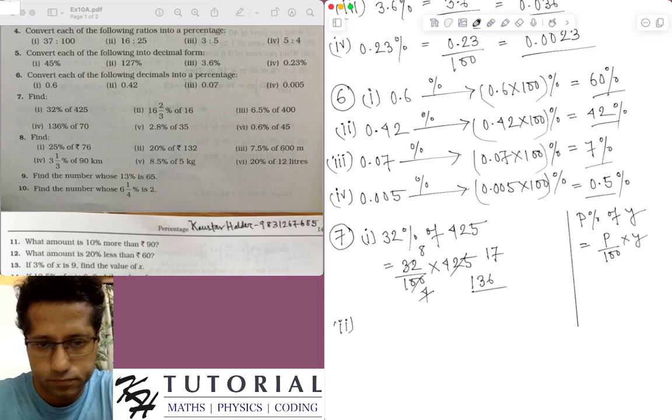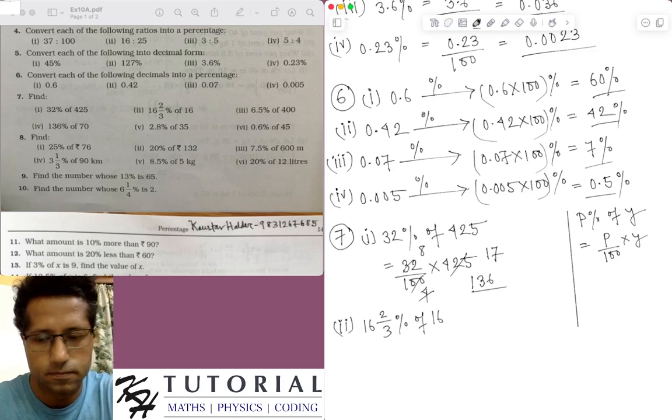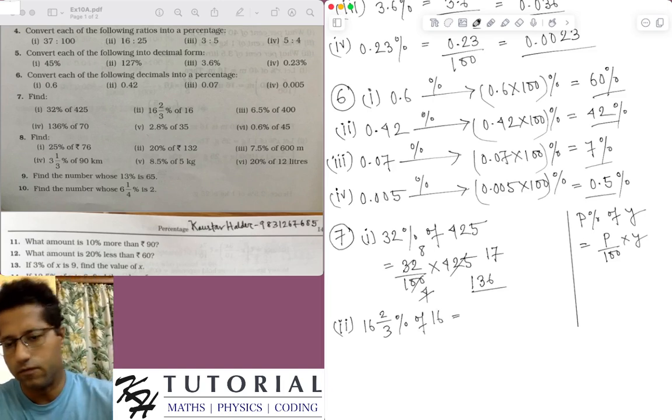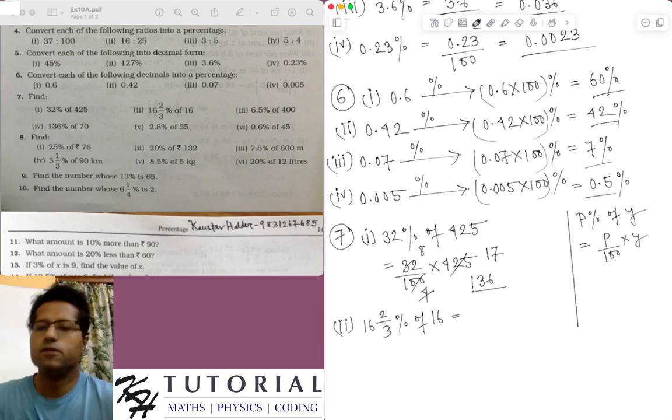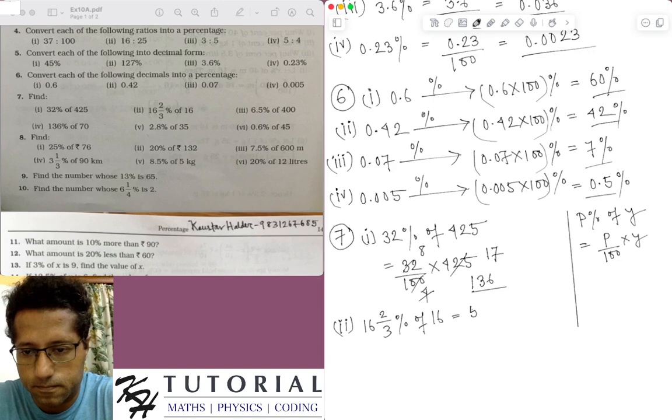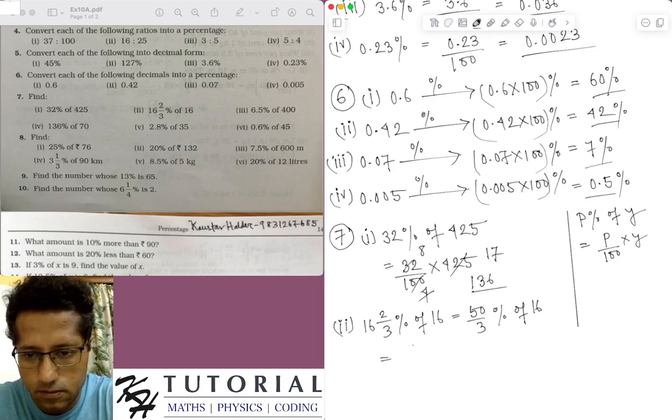Part 2 is 16 and 2 by 3 percentage of 16. Now first convert the mixed fraction to an improper fraction, that will be 50 by 3. 50 by 3 percentage of 16. This is 50 by 3 divided by 100 multiplied by 16.